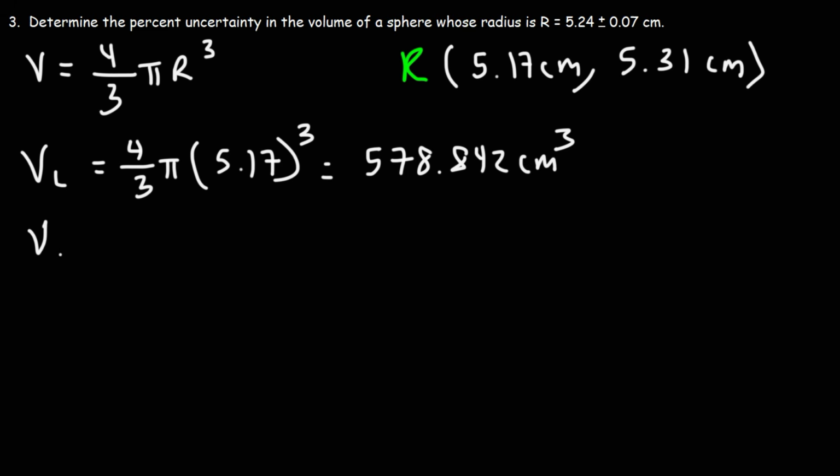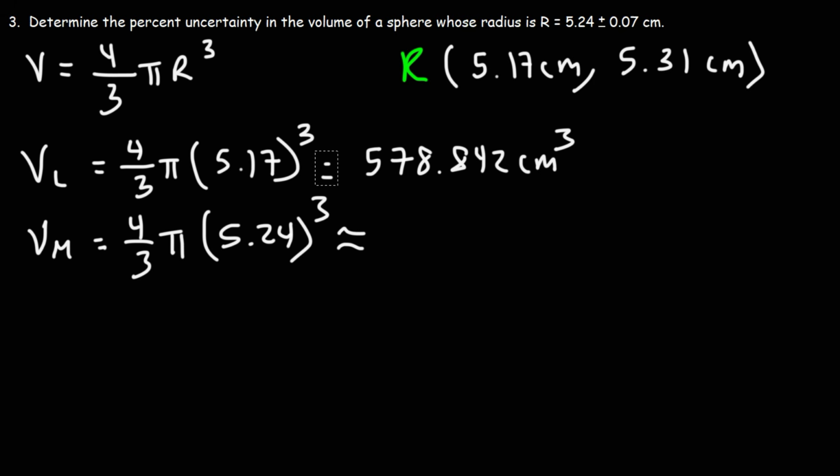Now let's get the middle value, or the value that's based on the measured radius. So we're going to plug in 5.24 instead. And let's use the approximately equal sign because this is not an exact answer, but an estimated answer.